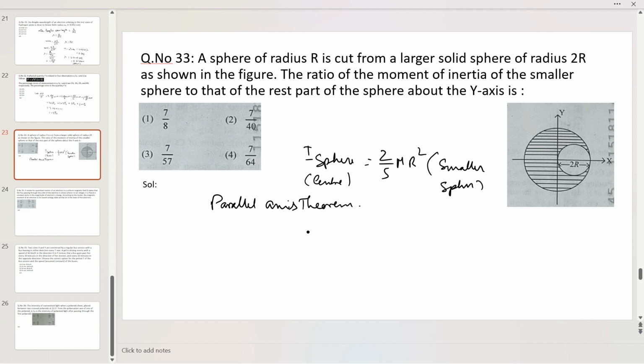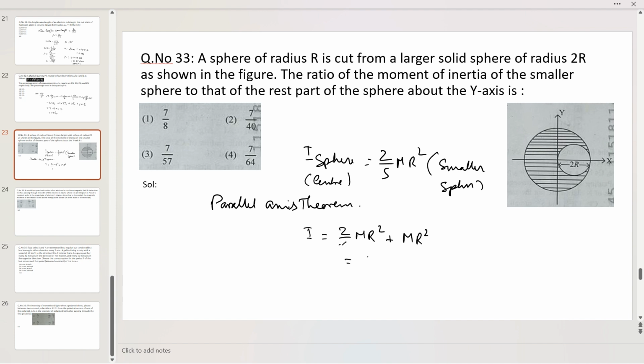So this moment of inertia will be equal to how much? That is 2 by 5 mr square plus mr square. This distance from the y-axis is r. Sorry, this is not 3, this is 5, because the moment of inertia of a sphere is 2 by 5.